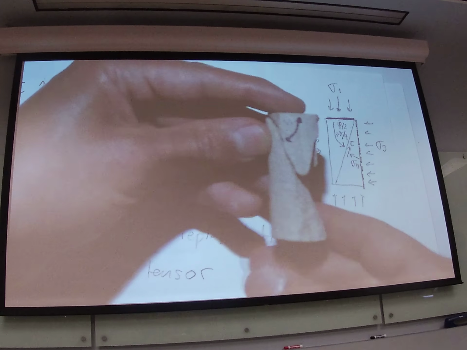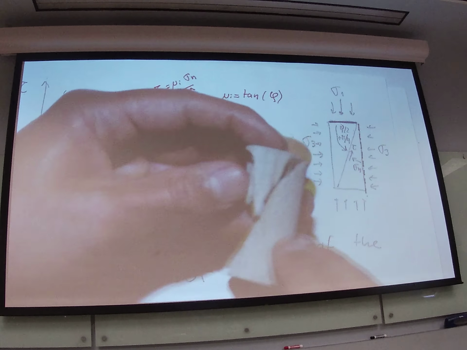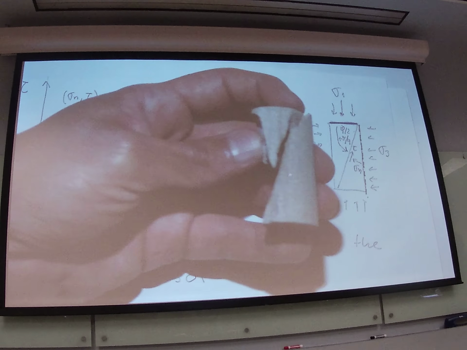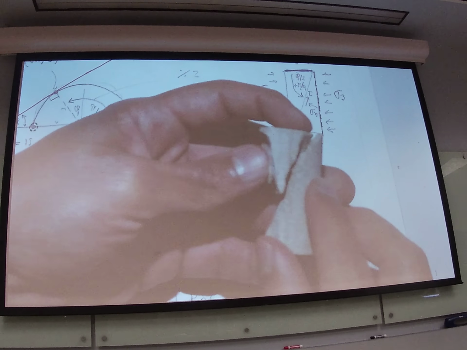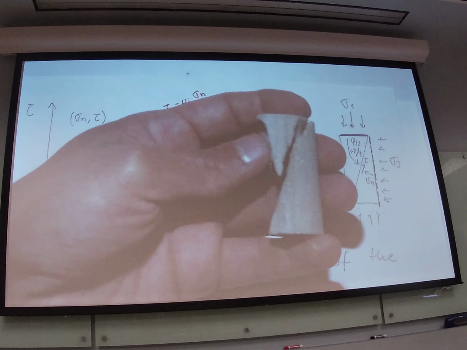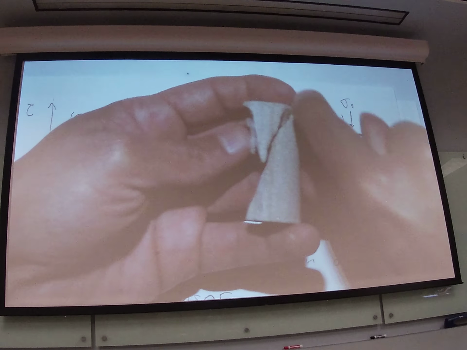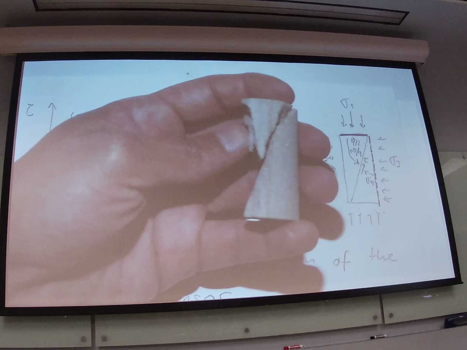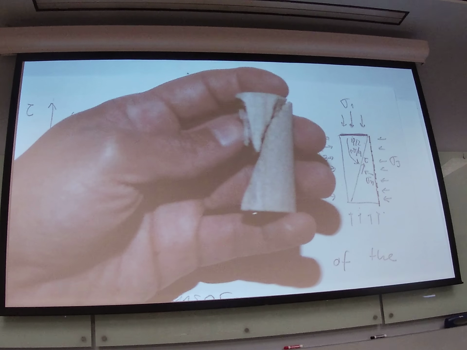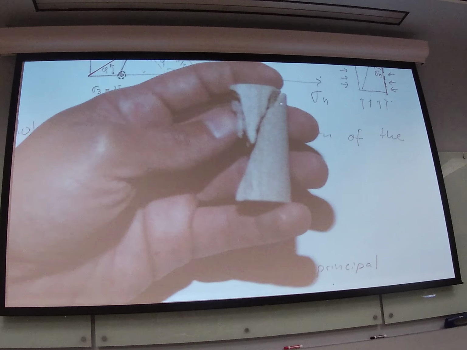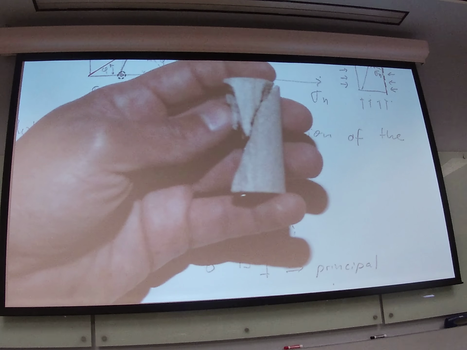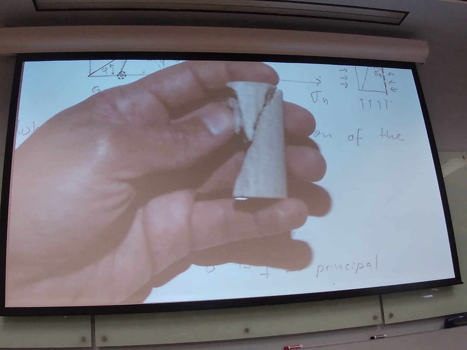This sample over here is this one over there. The failure is always at the characteristic angle that it is kind of a steep angle. Let's say that phi, which is a typical friction angle, is 30 degrees.